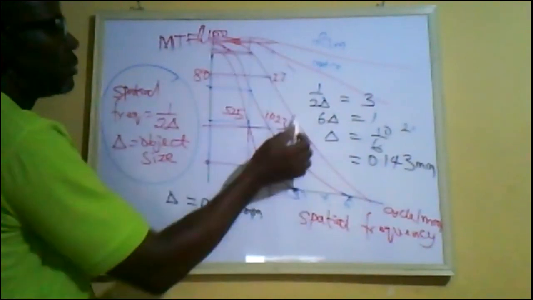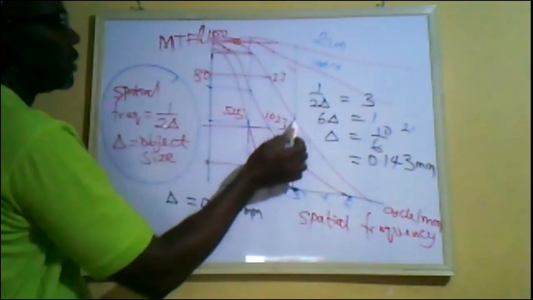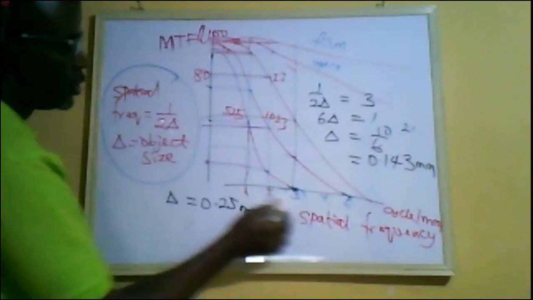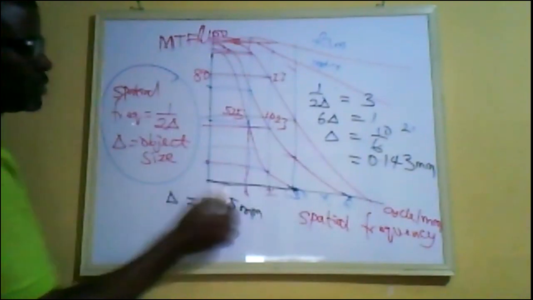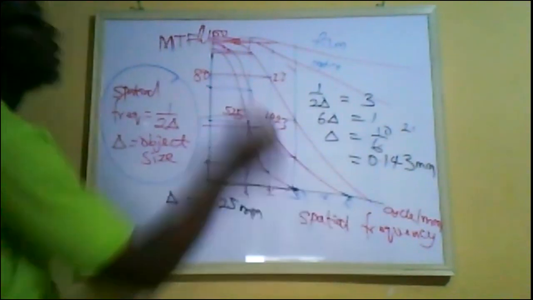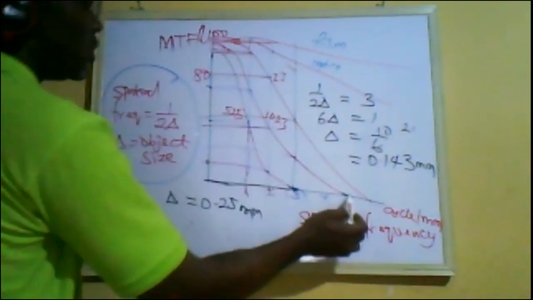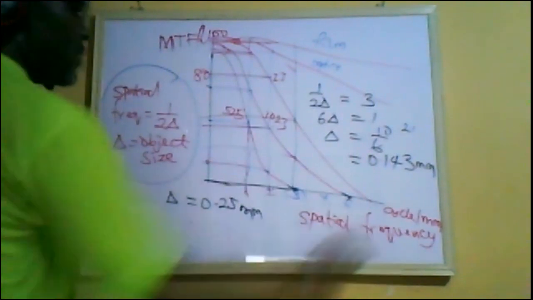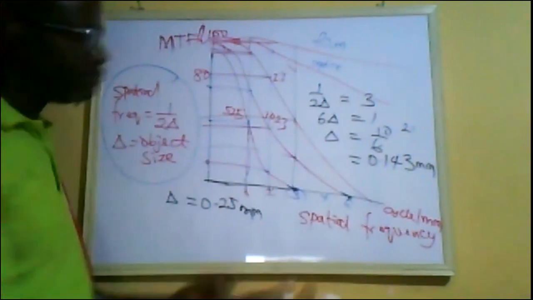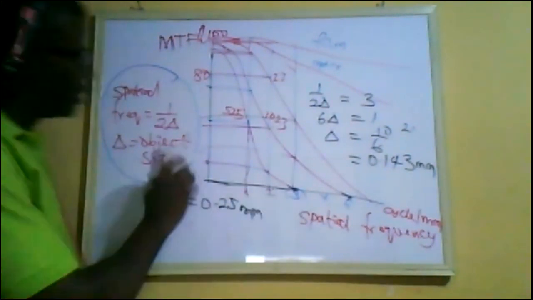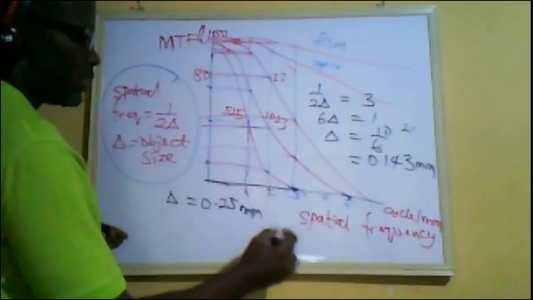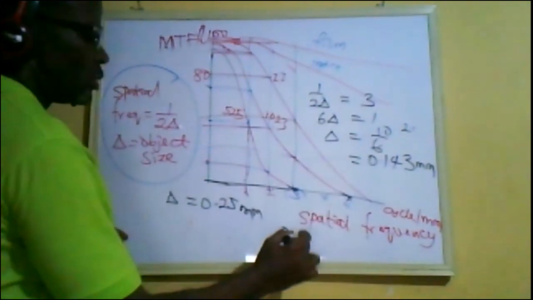If you continue up, here the MTF is almost 0. For this one, the limit is 5 cycles per millimeter. You can get the corresponding object size, which is 0.05 millimeter.